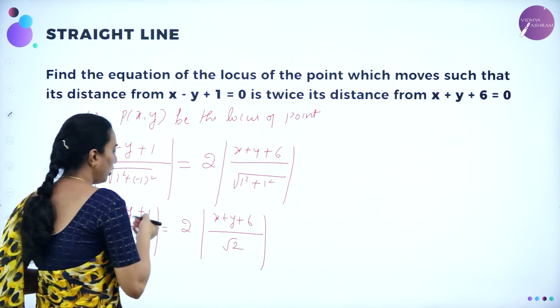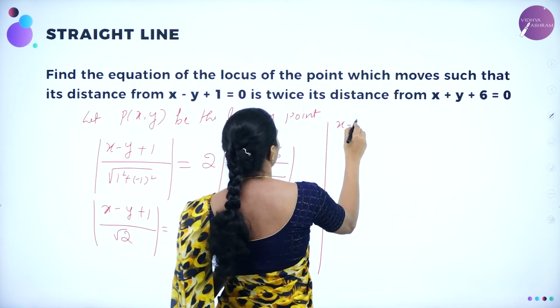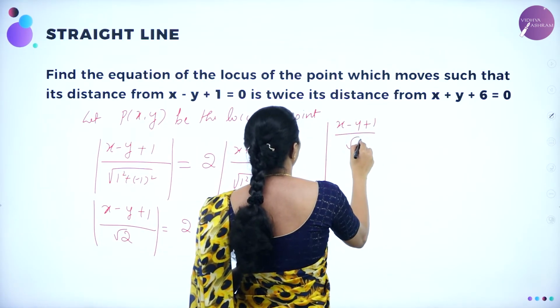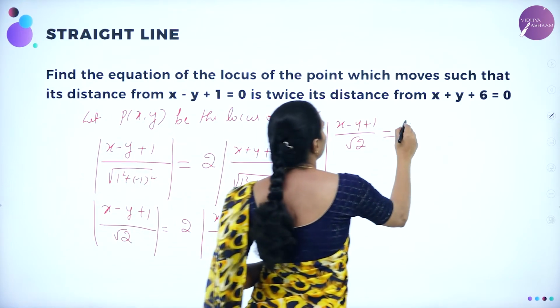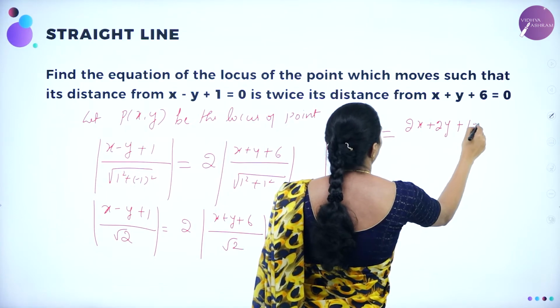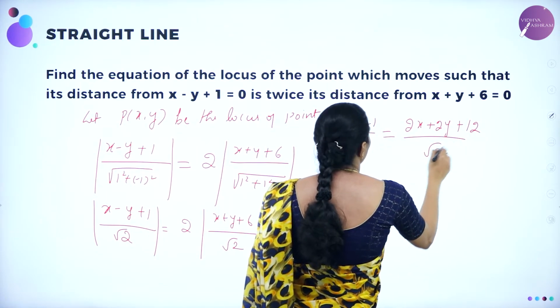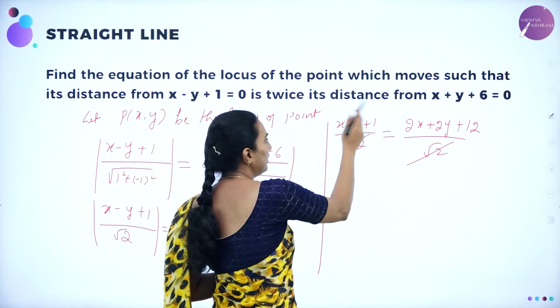Now, if you remove the modulus symbol on either side, it will become x minus y plus 1 divided by root 2 is equal to twice of that, multiplying 2x plus 2y plus 2 6s are 12 divided by root 2. Now root 2 will go. You can take all terms to that side.